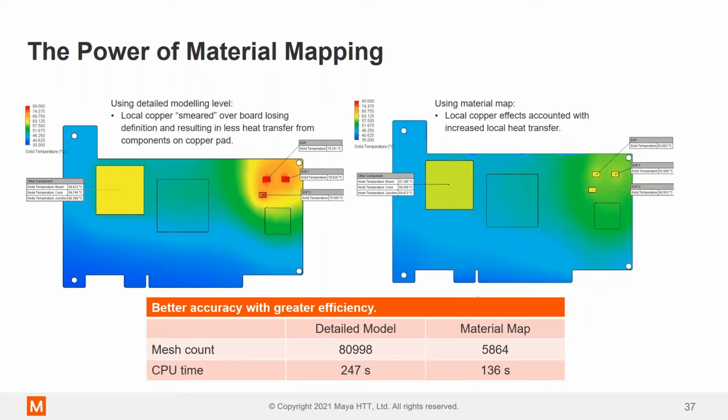Okay, so we have the averaged model on the left and the material mapping on the right-hand side. If we look at the components in the top right, because we're averaging in the left-hand image, we're seeing some very defined hotspots in the top right-hand side of the board, whereas in reality there is a big copper concentration over there to spread the heat. So there is a temperature difference: in the left-hand image we've got a temperature of 79, and in the right-hand image we're down to 62.